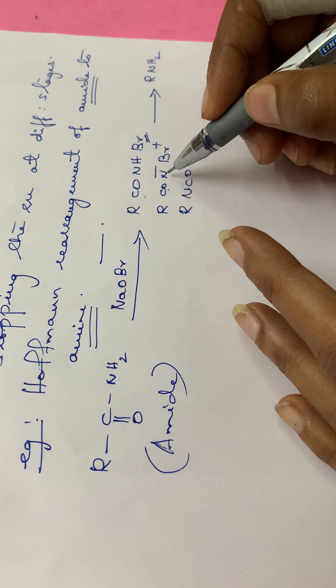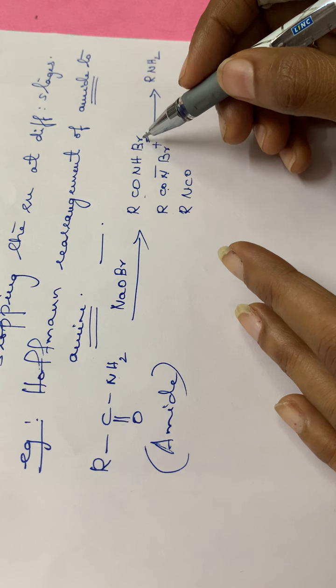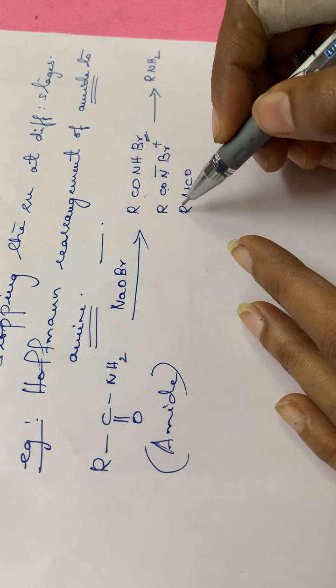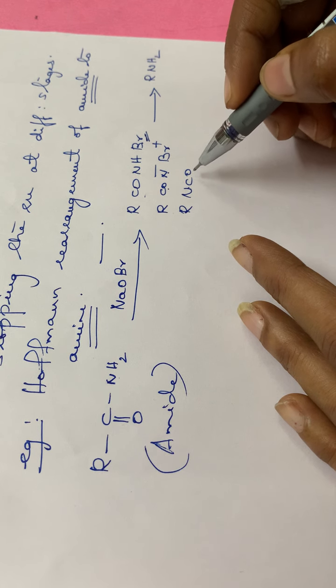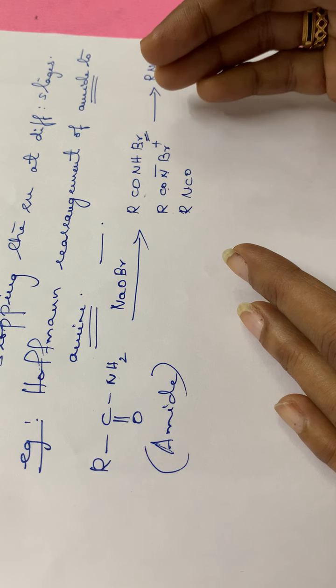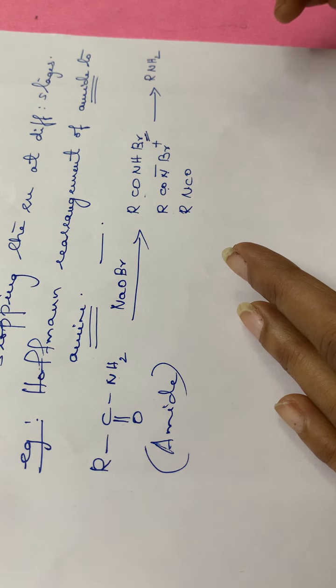Then what happens? We will be having the product RCON minus Br plus. Okay, one HBr, one hydrogen atom will be eliminated from this, isn't it? Then again in the third intermediate, we will be having RNCO. So by stopping the reaction at different stages, we can identify the reaction mechanism.